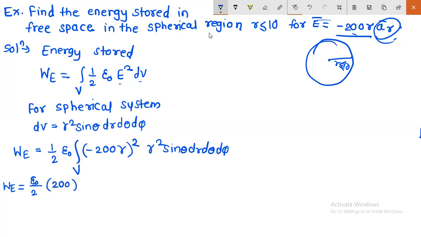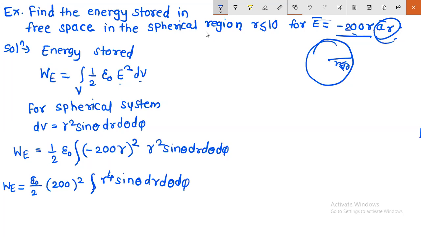So it is plus 200 square, into, there will not be volume. I cannot write it here because variables are changed now, right? So it is integration of this r square into r square, that is r raised to 4, sine theta dr d theta d phi.